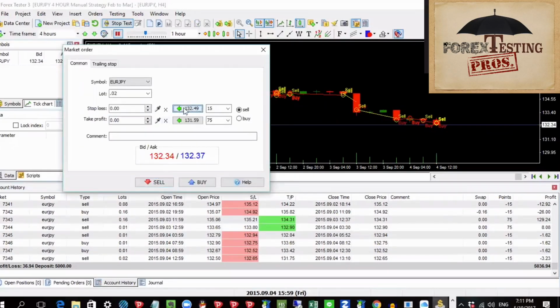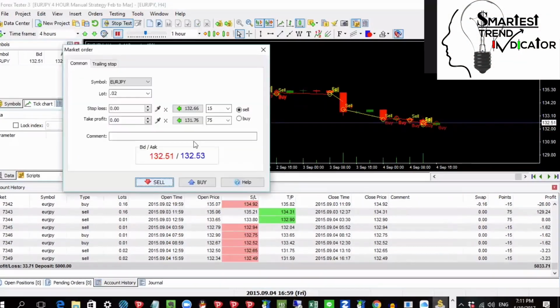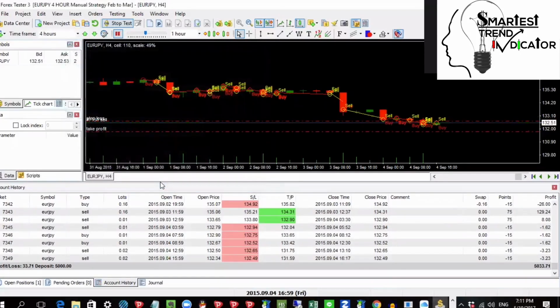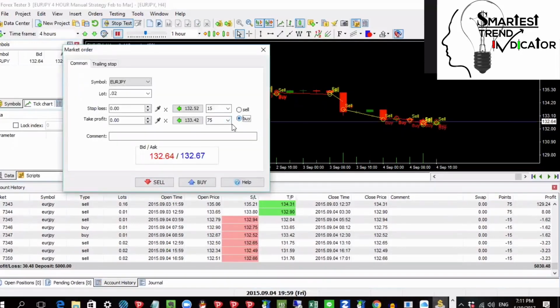Going to sell again. 1. 2, 3, 4. Going buy now.